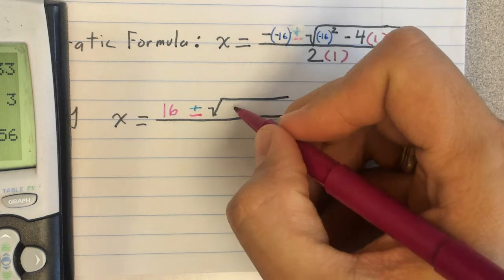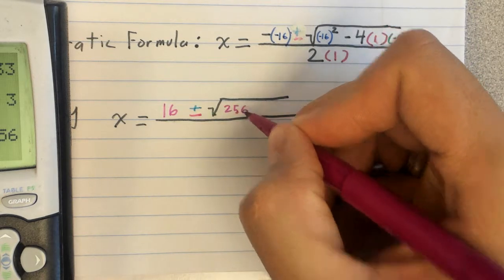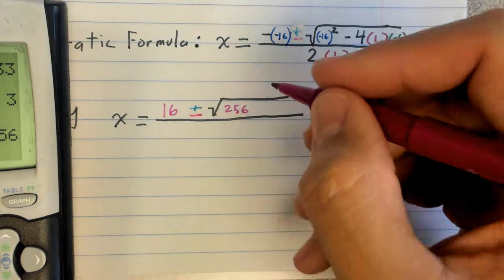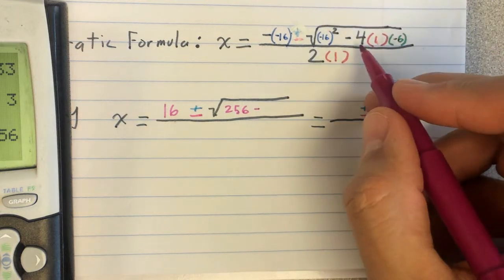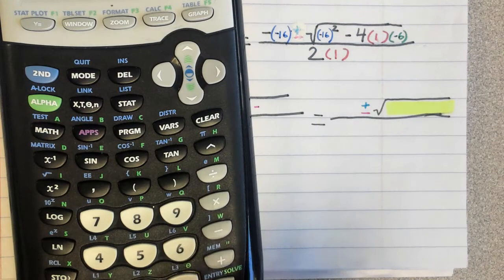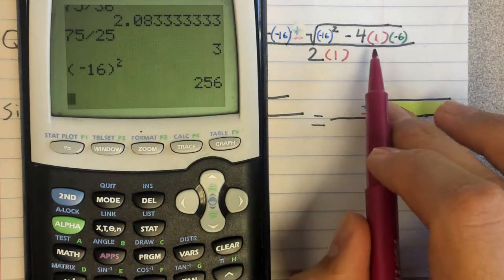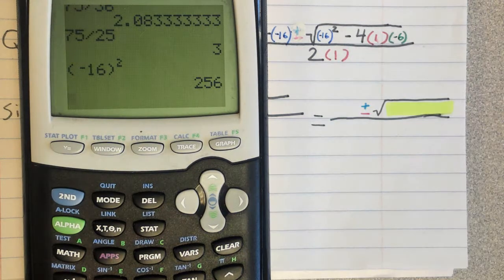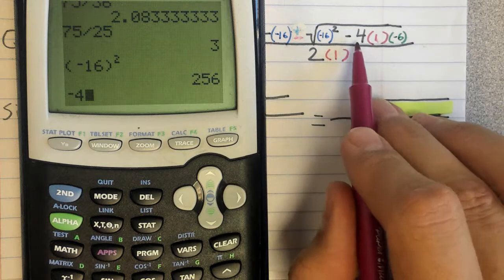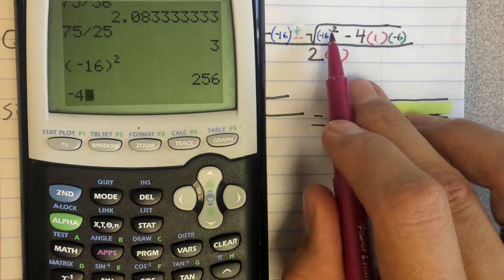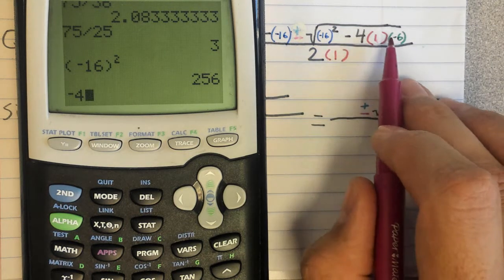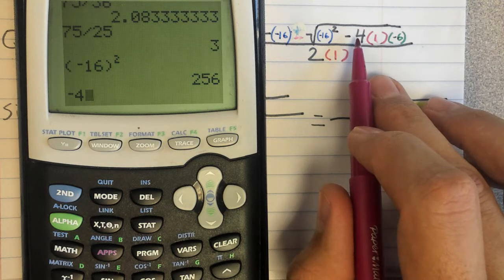So I'm going to put 256 right here. And then I'm going to say minus, and then that's the way I can put this in the calculator, I see negative 4. So I'm going to include whatever this coefficient is. And in this case, for this discriminant in here, it's always going to be a negative 4.